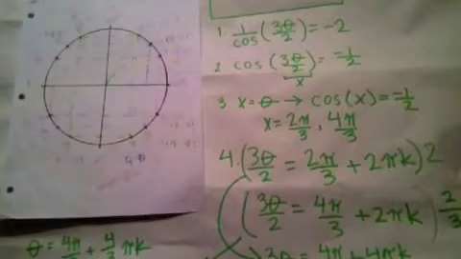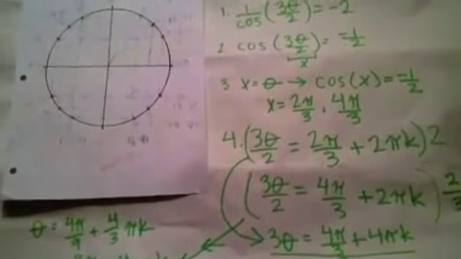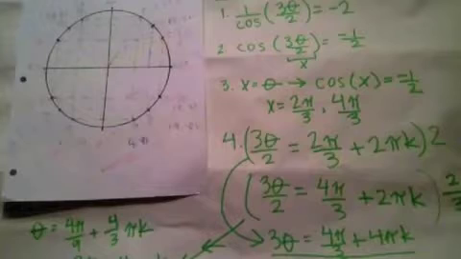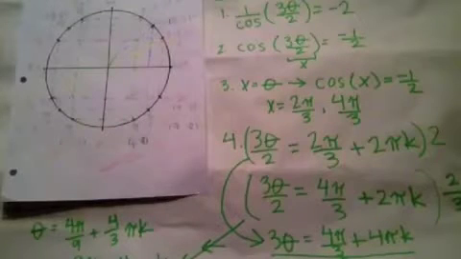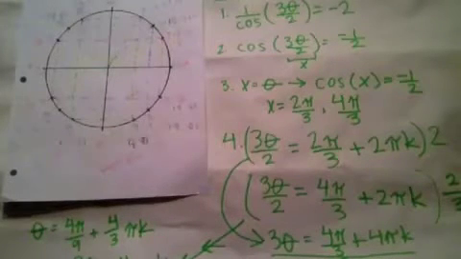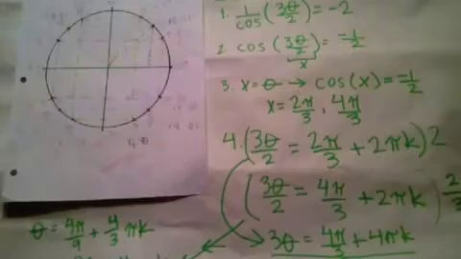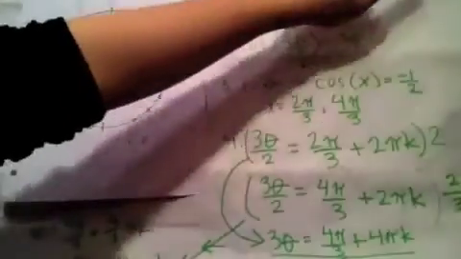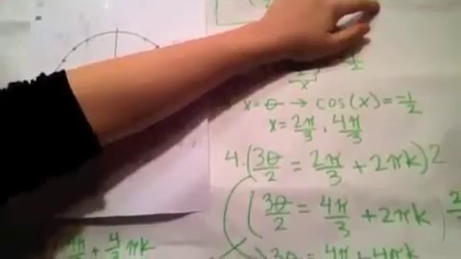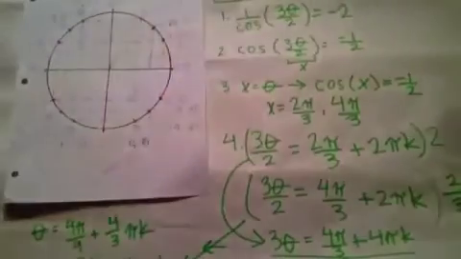Okay, can you see that? Okay. So now that you have these values, we're going to find the other solutions because your domain is 0 up here, you see. Here's your domain. We're going to plug in values for k.